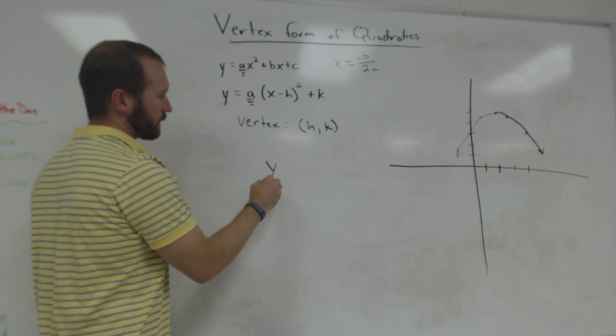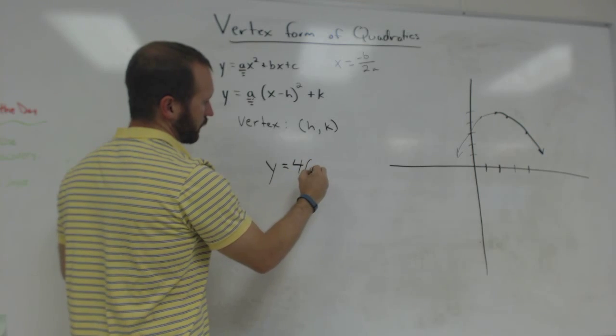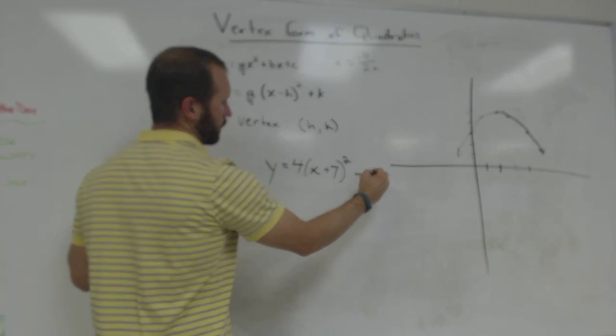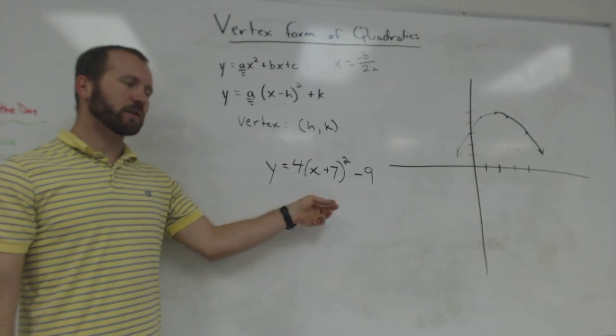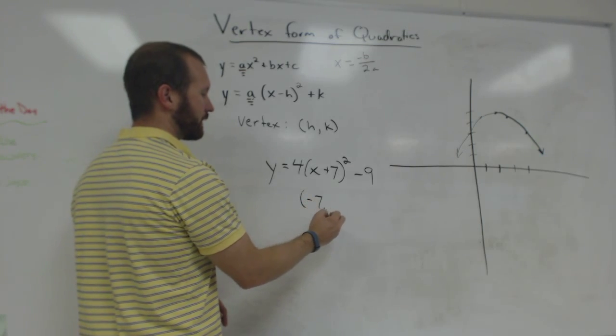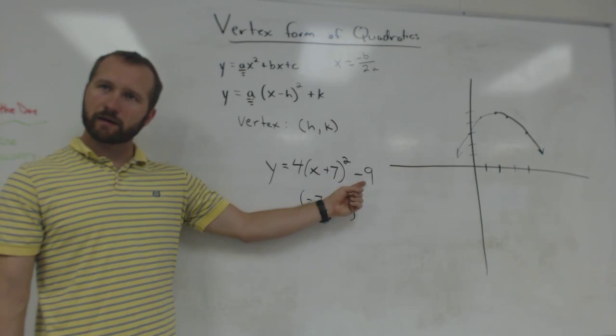And let's just look at the vertex of some more. What if I had something like this? y equals (x plus 7) squared minus 9. What's my vertex here? Yeah. Negative 7, negative 9. So the opposite of this.